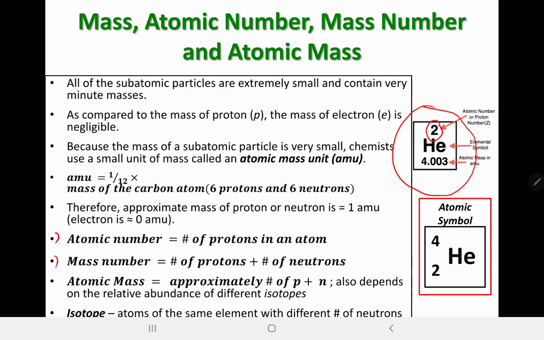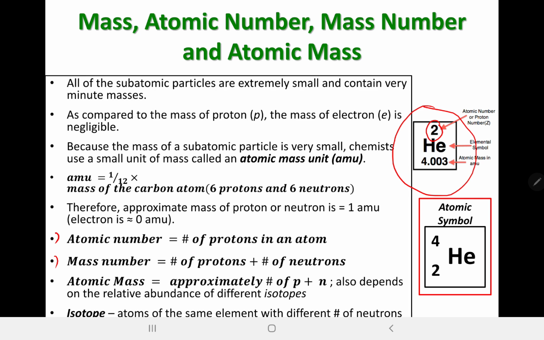And then the next number that we are going to talk about is called mass number. Mass number has something to do with mass, of course, that is why it says mass number.